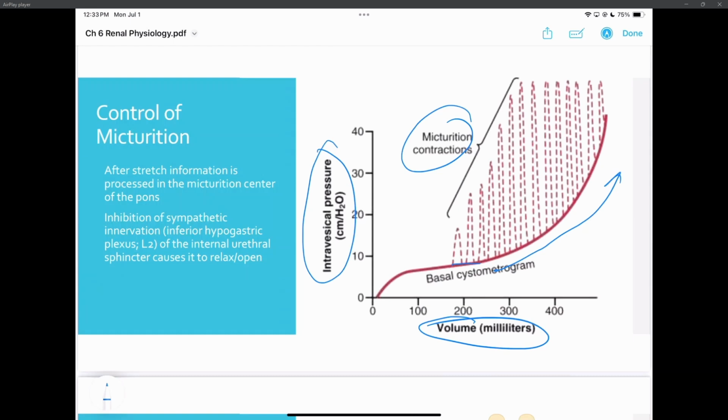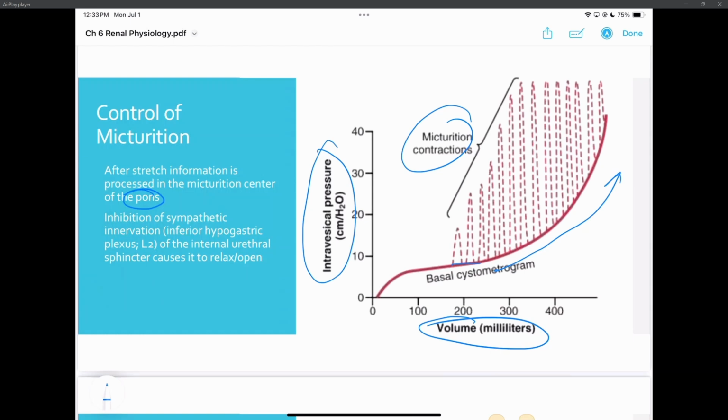They send signals to the micturition center in the pons. Remember, all those higher functions occur in the pons. And it'll tell you, hey, you better start thinking about going to the bathroom pretty soon because your bladder's getting pretty full. And the micturition center in the pons. In the medulla is where it occurs.